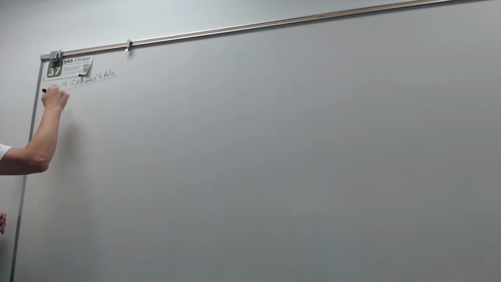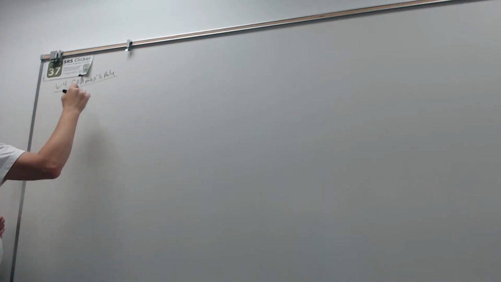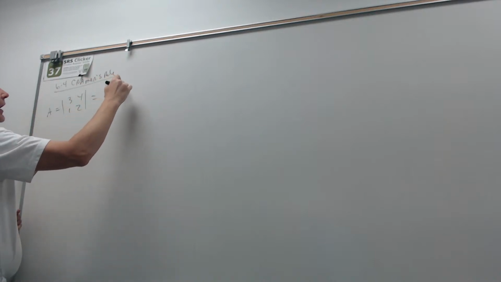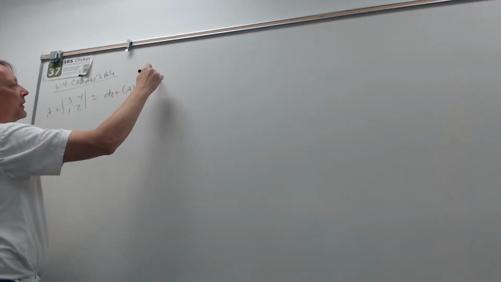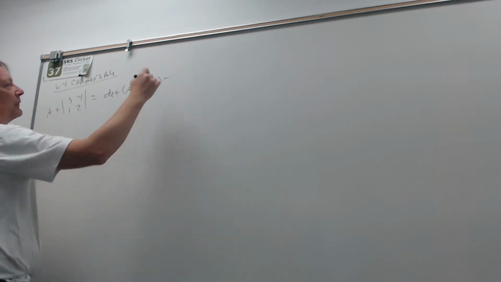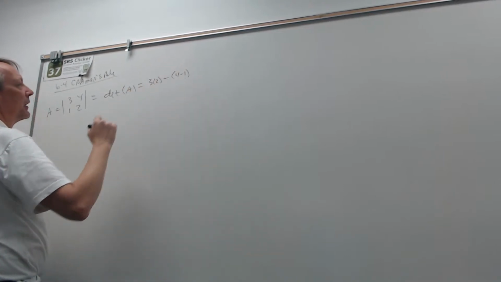Okay, so Cramer's rule uses determinants. Just remind me again, I know we've done the quiz, but if I had a 2 by 2 matrix, 3, 4, 1, 2, we call this A, the determinant of A equals what again? It's 3 times 2 minus 4 times 1.